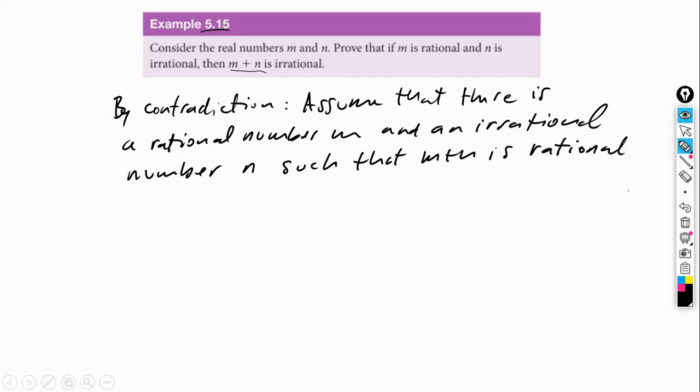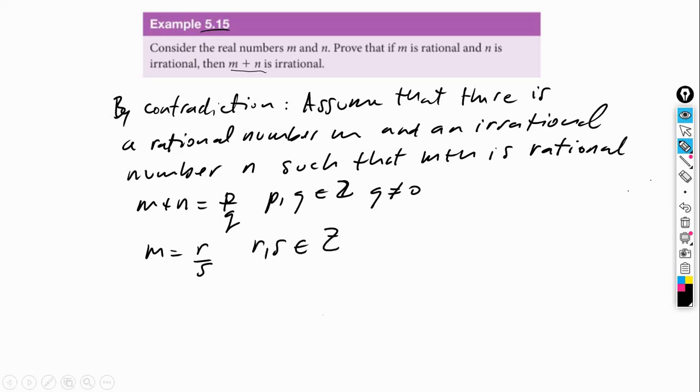Then that means that m plus n is going to equal some p over q, where p and q are integers and q is different from 0. Then we said that m is rational, so m is in the form r over s, with r and s belonging to the integers, and s is different from 0.